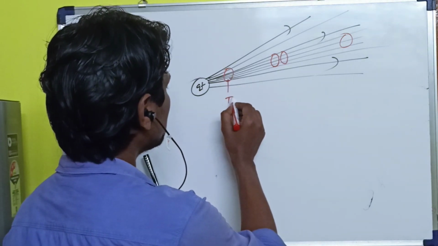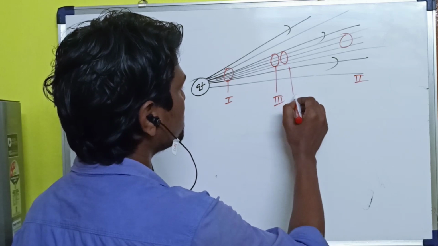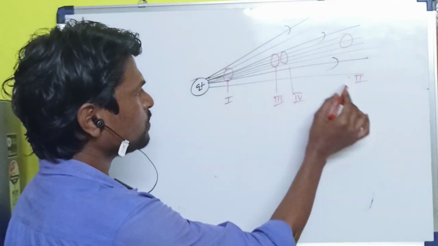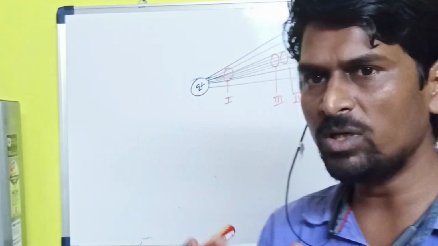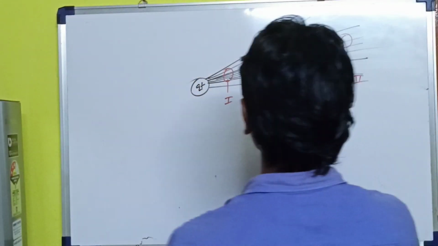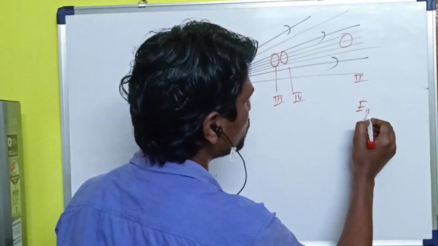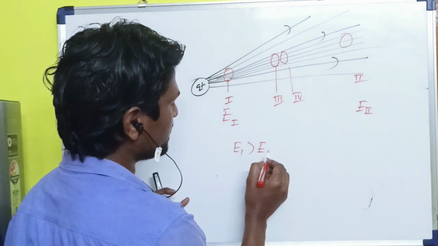So this is position 1, this is 2, this is 3 and this is 4. If we compare 1 with 2, where the electric field intensity is maximum, then you can easily say that since this is E1 and this is E2, E1 is greater than E2.